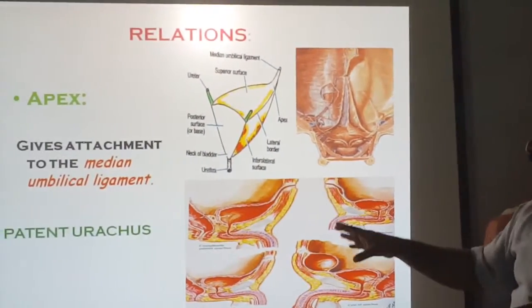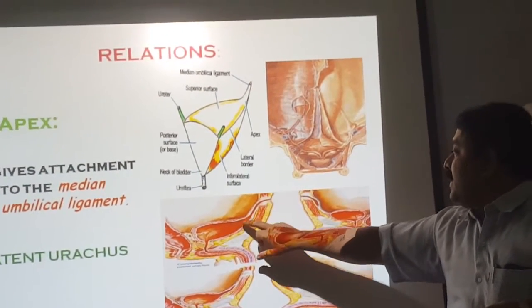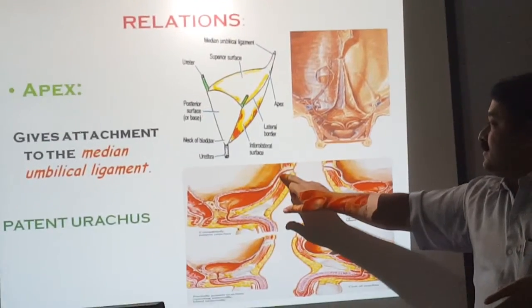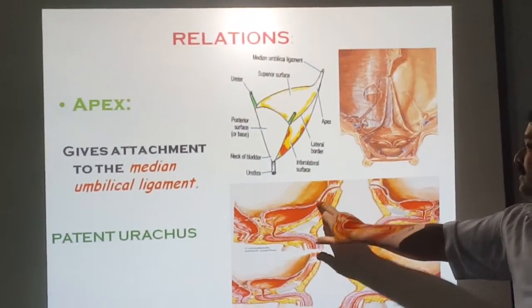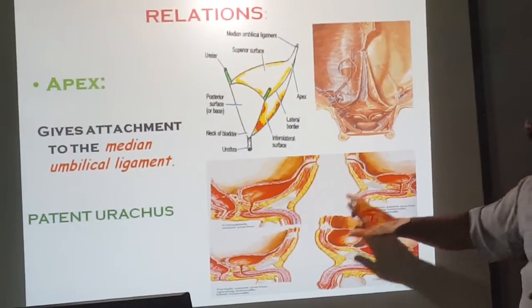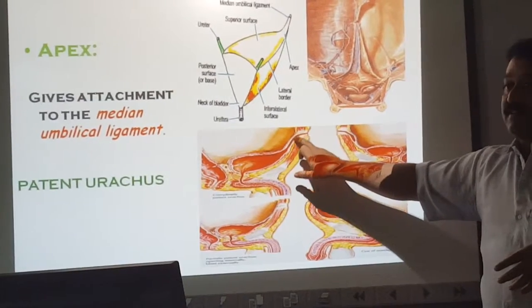If it is patent, the lumen remains. See here, it is a completely patent urachus, where it opens at the umbilical region. And it is an incomplete patent urachus in these two.